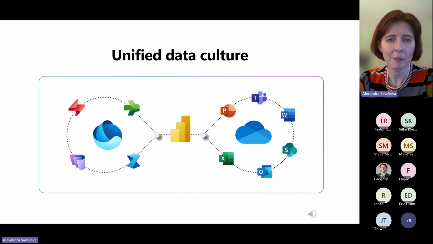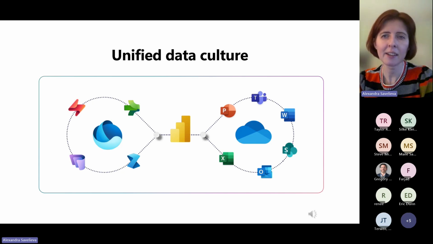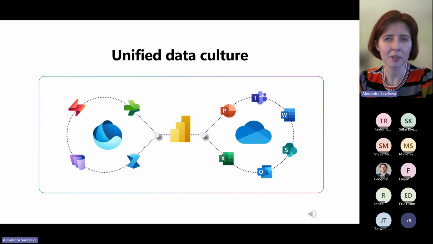how many components from the Microsoft ecosystem, with the help of Fabric, are coming together. We start with Teams, a user asking some question in Teams, and then it goes through the underlying infrastructure.